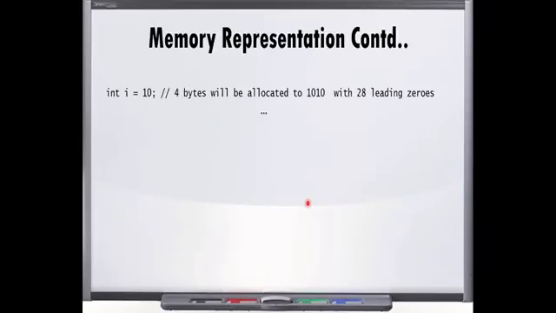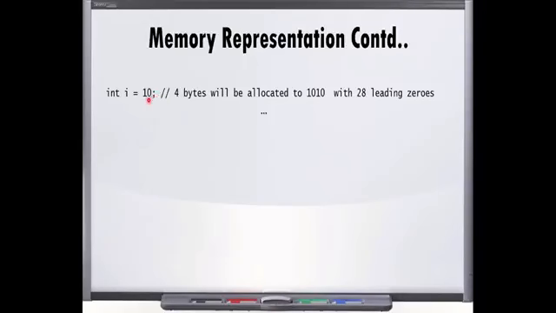So how will it be represented in memory? For example, if I take integer i equal to 10, if I give this command, then as per the modern compiler, 4 bytes of memory will be allocated. If 1 byte is 8 bits, 4 bytes means 32 bits. So 4 bytes will be allocated to 1010. Why 1010? Because at the end of the day, everything is converted to binary.